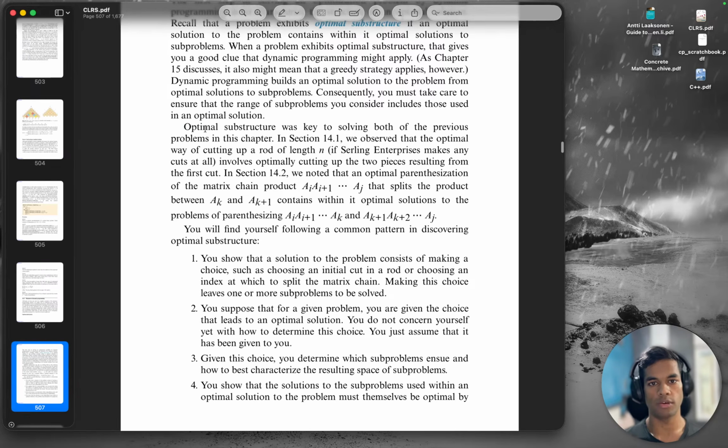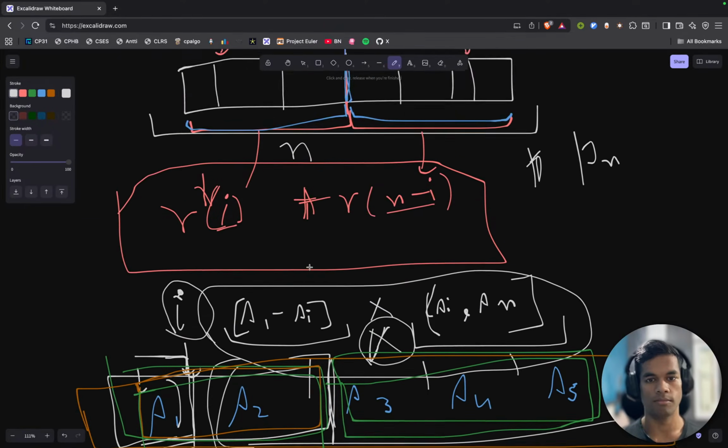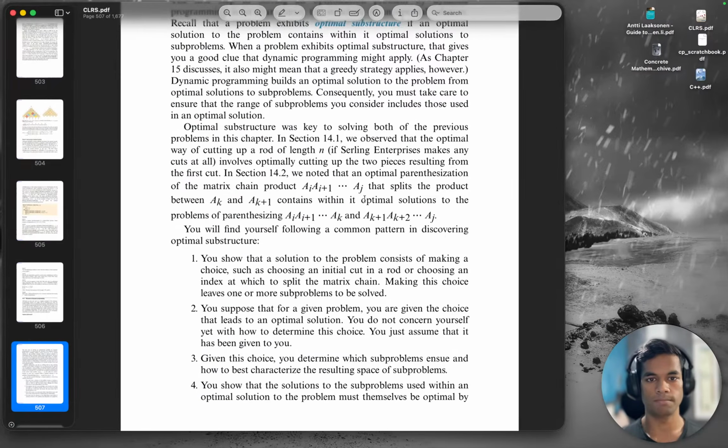Optimal substructure was key to solving both of the previous problems in this chapter. That makes sense. And yes, we just saw that it was actually the key. And yep, in section 14.1, we observed that the optimal way of cutting up a rod of length n, if Serling Enterprises makes any cuts at all, involves optimally cutting up the two pieces resulting from the first cut.